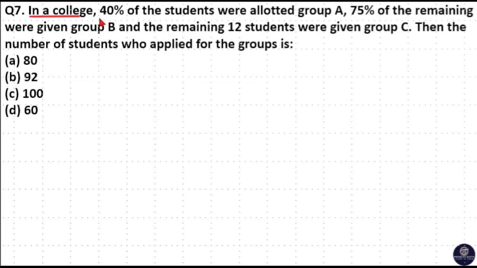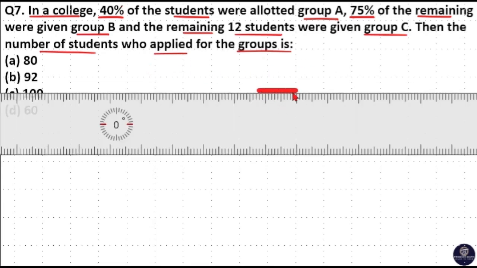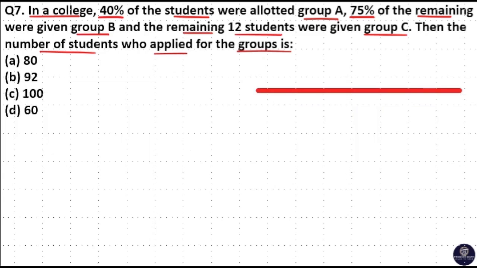In a college, 40% of the students were allotted Group A, 75% of the remaining were given Group B, and the remaining 12 students were given Group C. Then the number of students who applied for the groups, that means students who applied for all groups. Here, in a college, 40% of the total seats were given to Group A students.